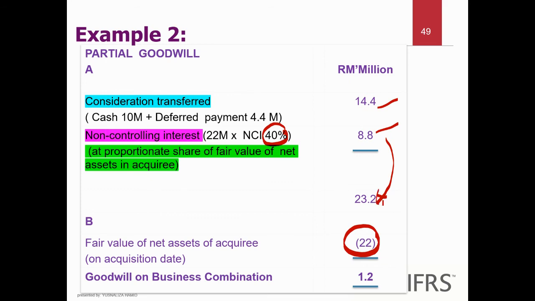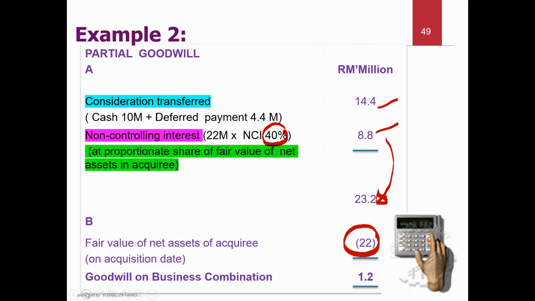Therefore, 23.2 is greater than 22, which is the fair value of net asset, and you have a goodwill on business combination of 1.2. And you will see that there are differences in the valuation of goodwill under both methods, because you have a different NCI measurement. So you need to make sure the goodwill is being measured correctly.